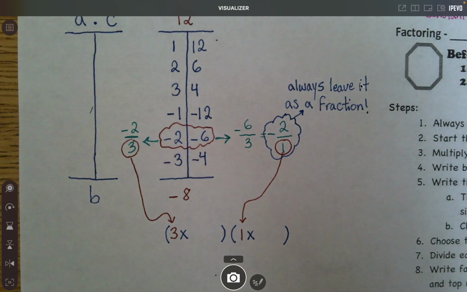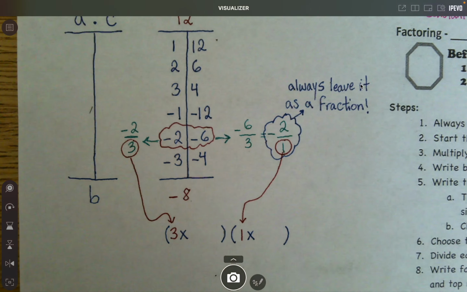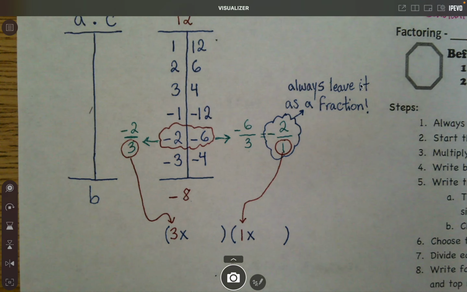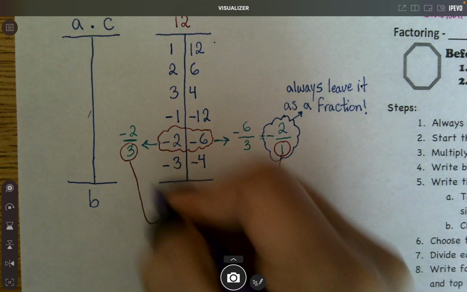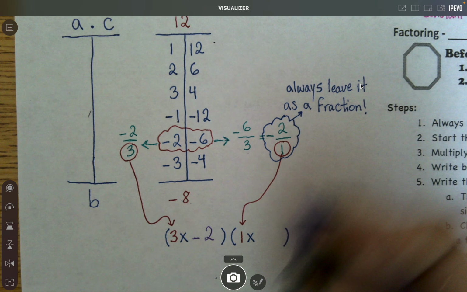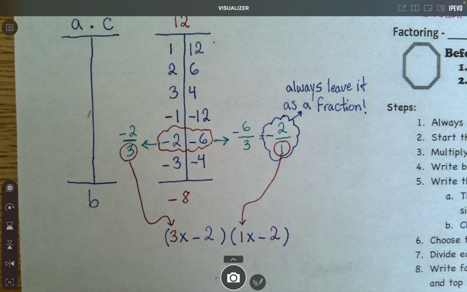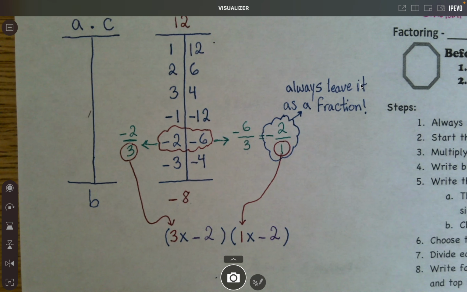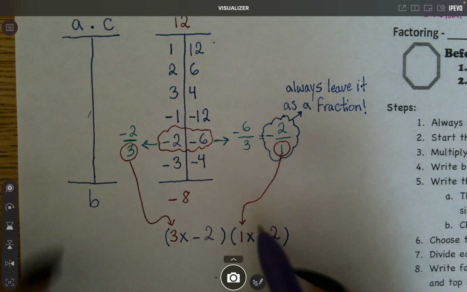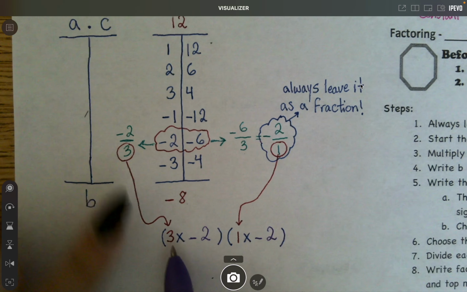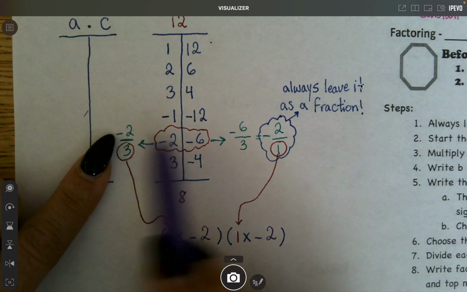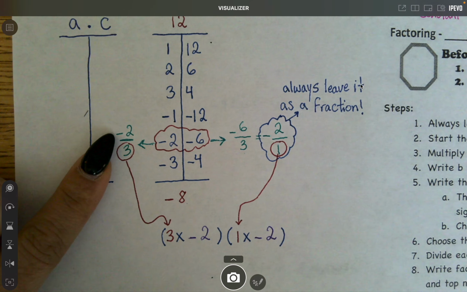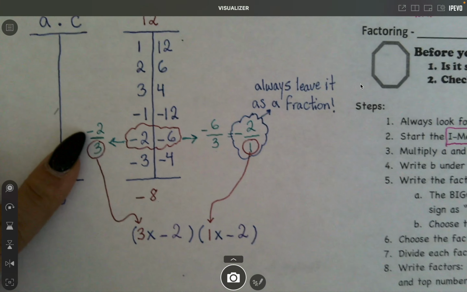So I'm going to use another color. -2 and -2. Does that make sense? So I put the bottom number before x and the top number after x. Okay? Now I have my factored form.